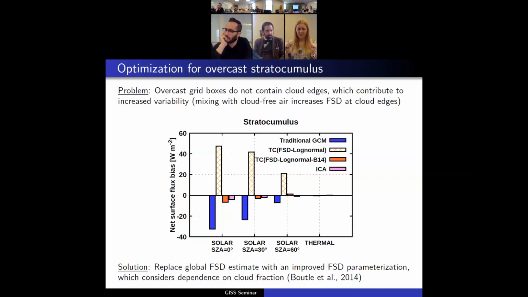When I think about which direction I want to go next, I'm not sure if I would be really developing Tripleclouds as a next step. I would perhaps rather work on better characterization of this cloud inhomogeneity for various cloud types. There is still a lot of improvement in this direction, and this is then something that can be used for all GCMs.